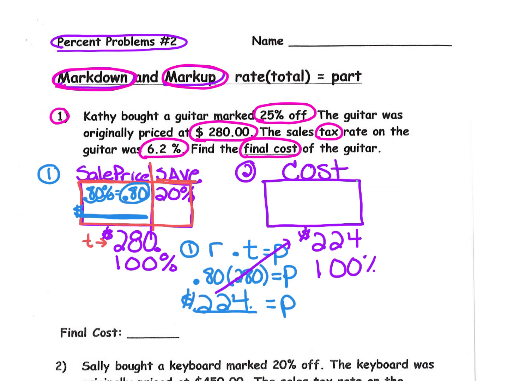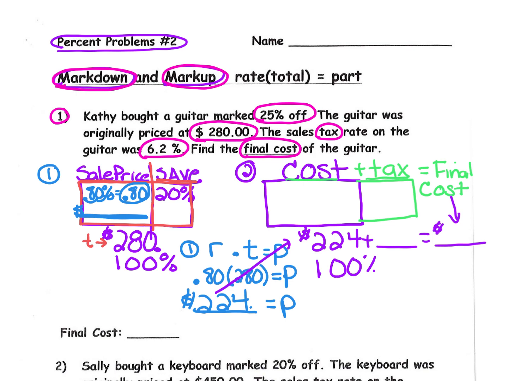But we know we need to add on tax. And once we take the cost plus the tax, that's going to be our final cost we owe at the register. So there will be some tax added, but ultimately we want to get here to the final cost in dollars.